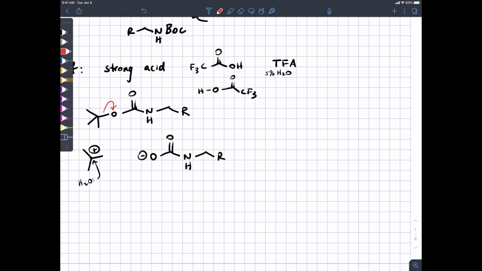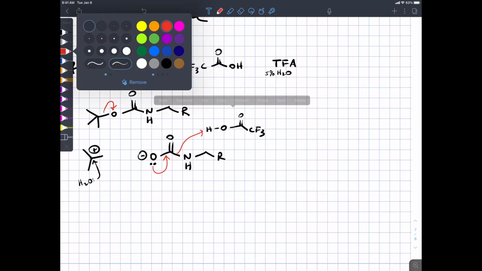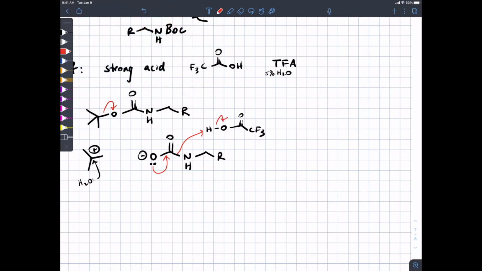Once you have the negative charge here, you're poised to spring out and get rid of CO2, and then the electrons here would go to nitrogen and pick up a proton from our acid. And then CO2 bubbles off, and you're left with your amino group. And I guess tert-butanol as a byproduct.